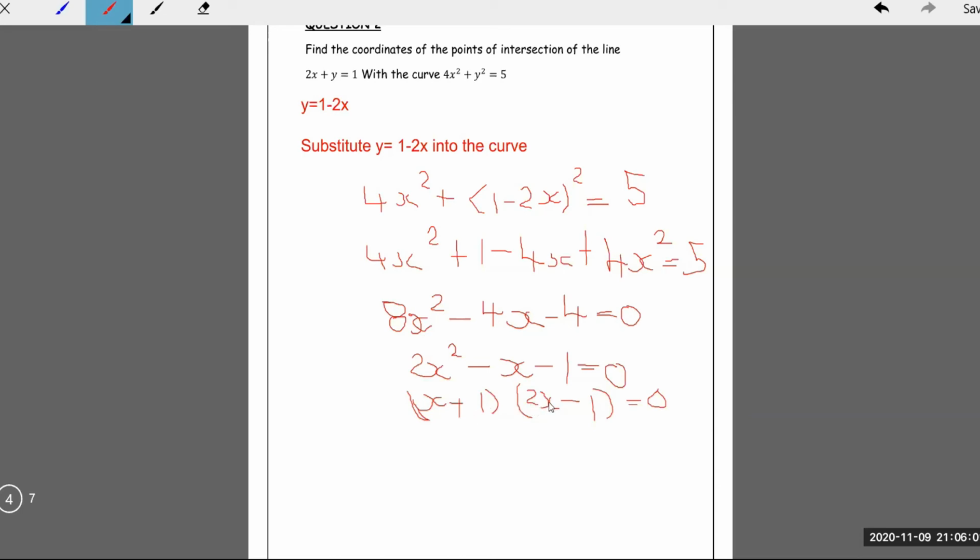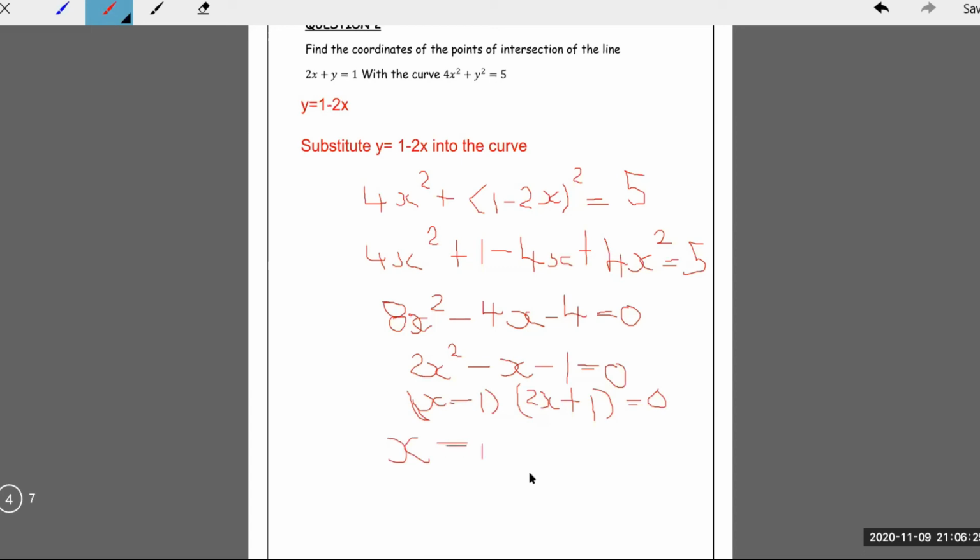So now this part should actually be the plus, and this part should be the minus. Now this is fine. This times this is 2x squared, this times this is x, this times this is minus 2x. Yes, nice. So now solving this equation, we get x is equal to 1.